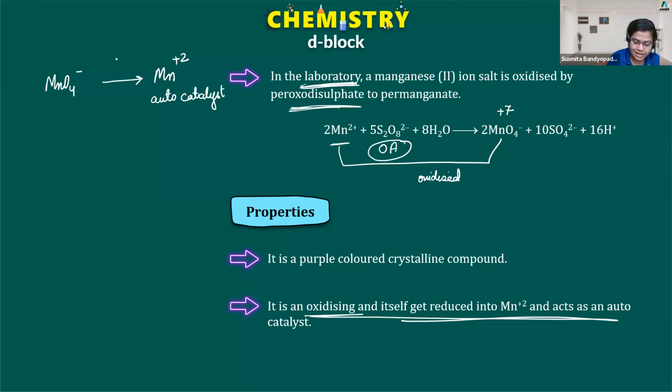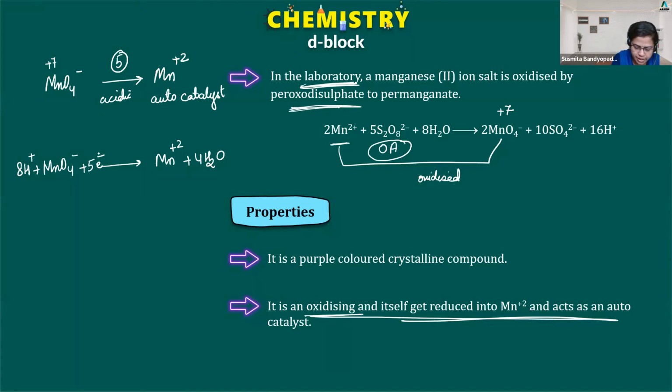You should not forget that the n factor of this reaction is 5 in acidic medium. Here I have to put 4 water and 8H plus and 5 electron gain.